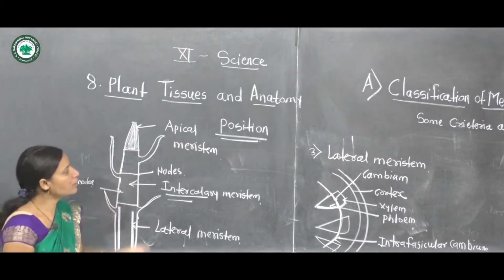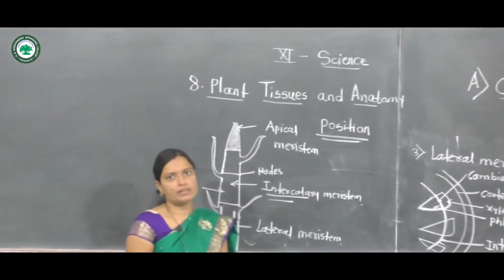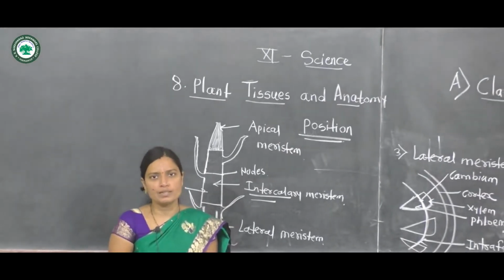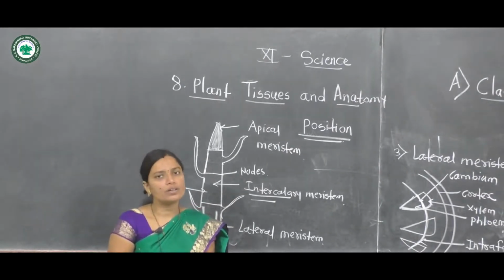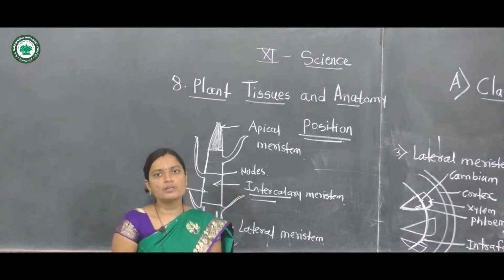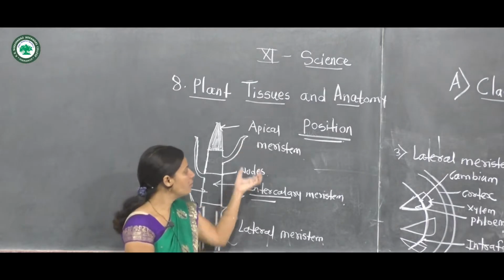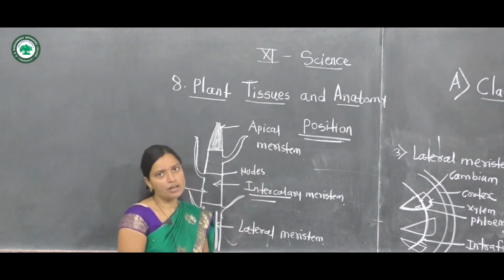These are the three types of meristems, classified according to their position in the plant body: apical, intercalary and lateral meristem.